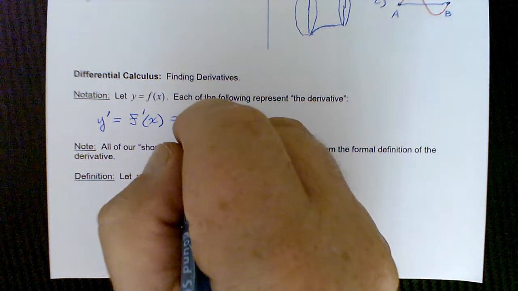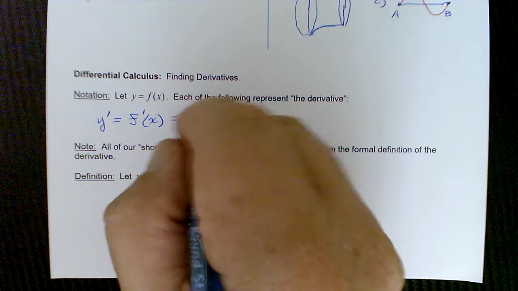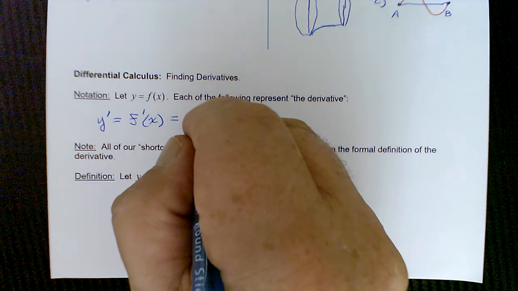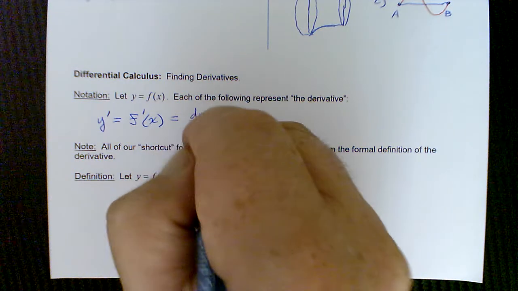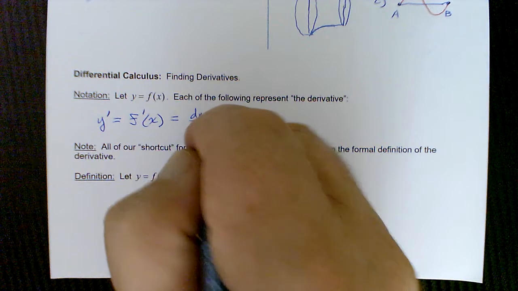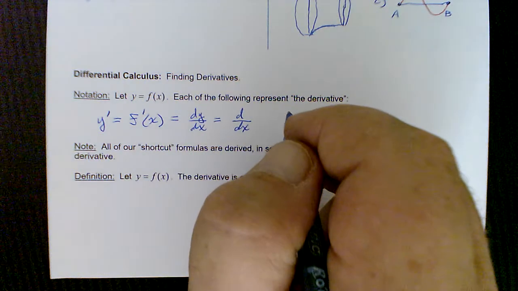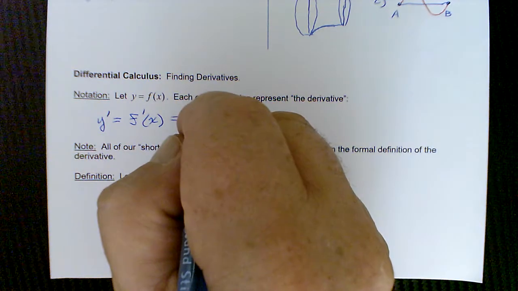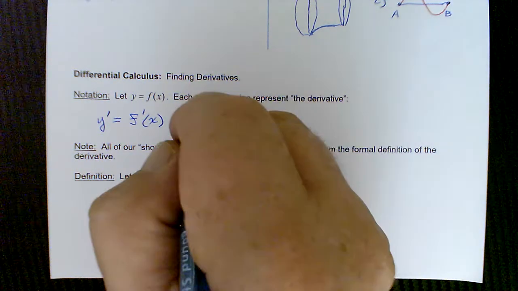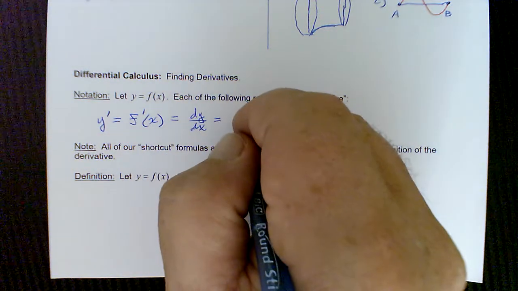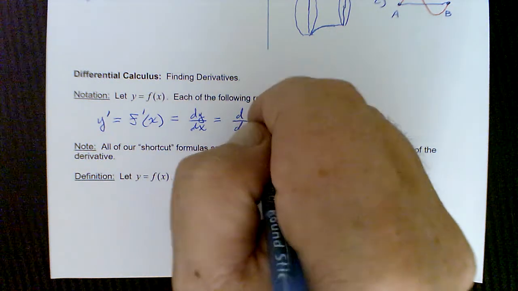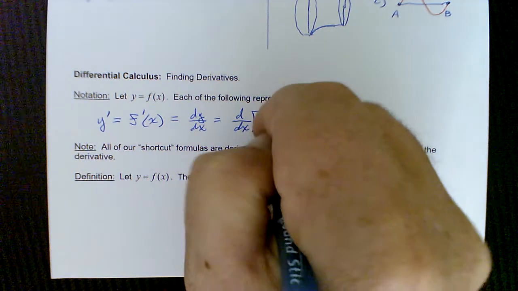Instead of the derivative, dy dx is read as the derivative of the function y with respect to x. So this bottom notation indicates the independent variable that we're differentiating with respect to, and y is the function that we're differentiating. So we read that as the derivative of y with respect to x.